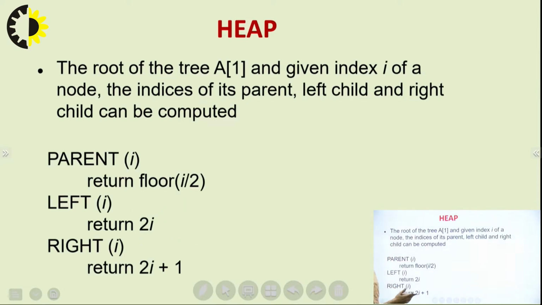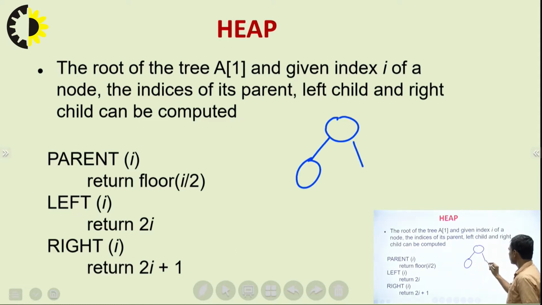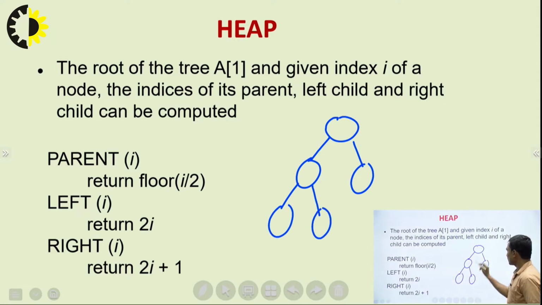Based on those assumptions, in this heap we can find the parent of any particular node, the left child of any node, and the right child of any node with these calculations. Suppose I am creating a tree here and giving certain positions.